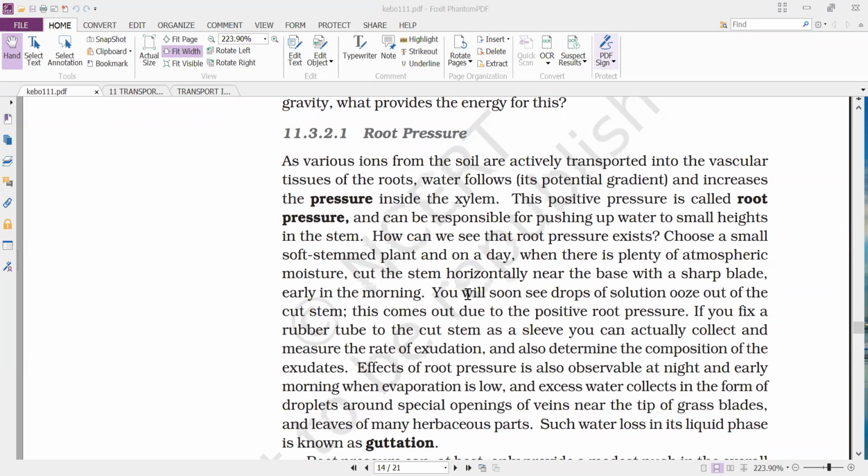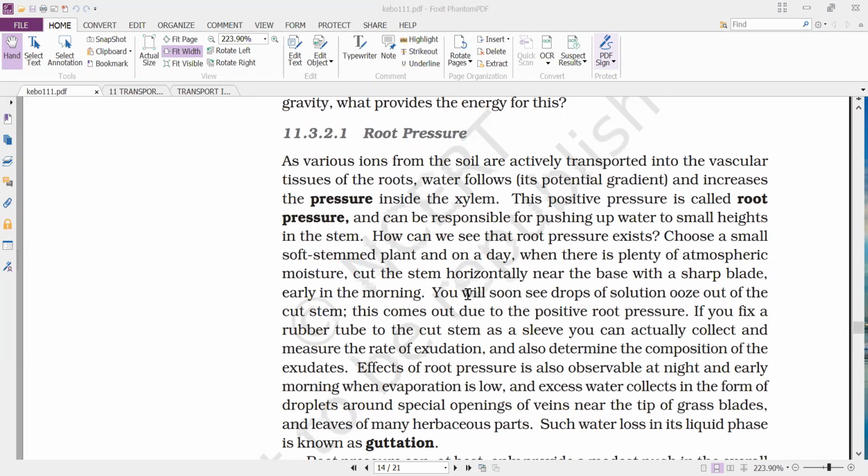As more and more water continuously moves from the lateral sides of the root up to the xylem, some pressure will be developed in the xylem. From epidermal cells, cortical cells, endodermis, pericycle, and finally the xylem, the water enters. And finally some pressure will be increased in the xylem.